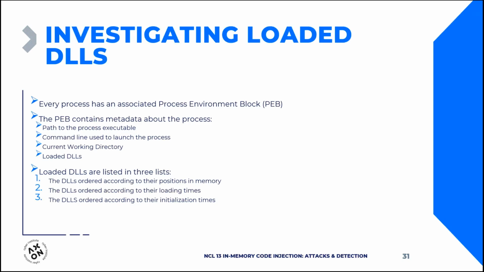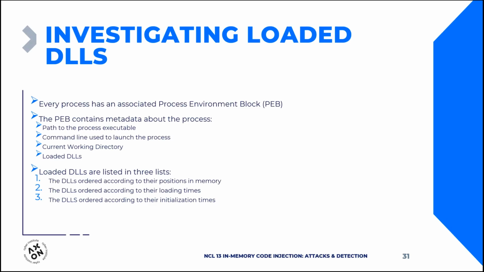It contains the command line used to launch the process, so if there are any parameters, options, etc. It contains the current working directory from which it was called. And then the PEB contains loaded DLLs. So if we investigate the PEB of every process, I can see all the DLLs that have been loaded by that process. And the PEB contains those DLLs in different lists.